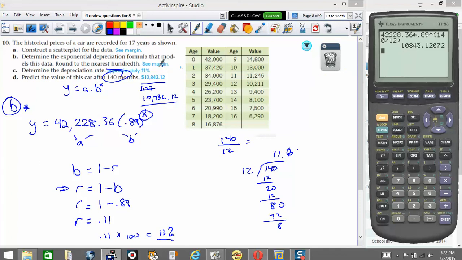Leaving that, if you have a month, make sure you just take that and divide it by 12, and that'll give you a precise number of years.